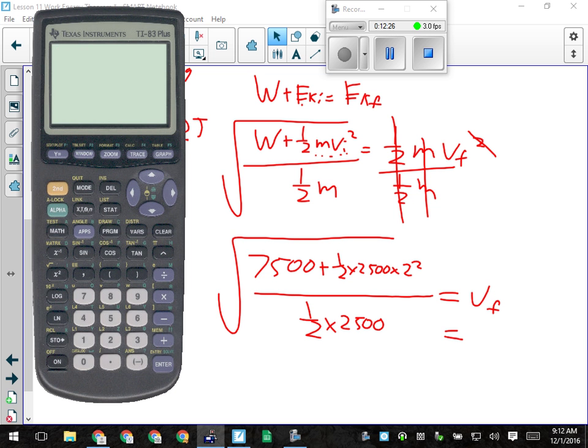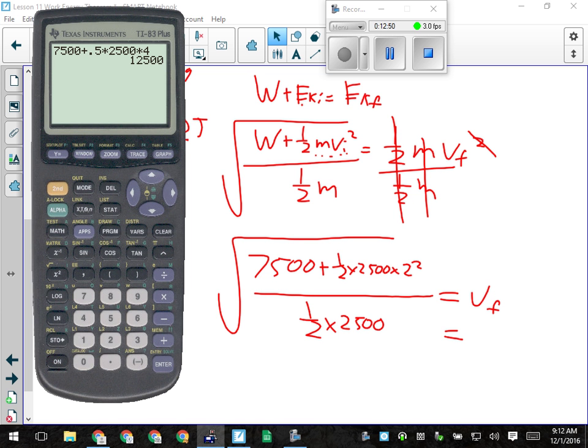All right, so I'm going to do this piecemeal rather than plugging it all in at one time. So I'm going to have 7,500 plus 0.5 times 2,500 times 4, which is 2 squared. So I have 12,500 joules worth of kinetic energy at the end.